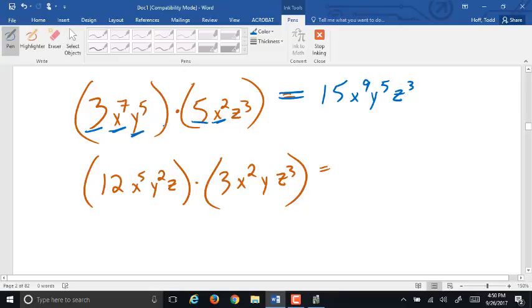Alphabetically, next is the y's. That's just y to the 5th because there's nothing to combine with it. And then the z is z to the 3rd. There's nothing to combine with that. The bottom one, what do you get? 36, x to the 7th, y to the 3rd, z to the 4th. Works for me. Any questions?